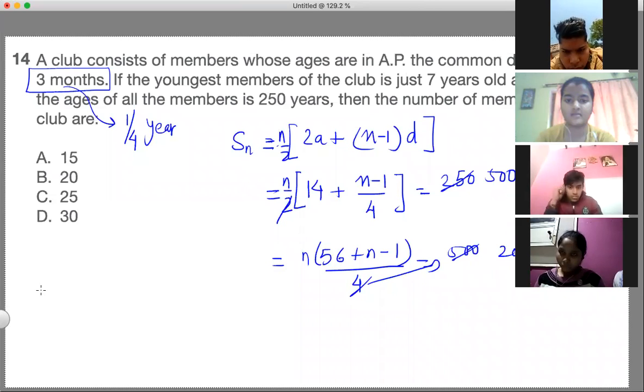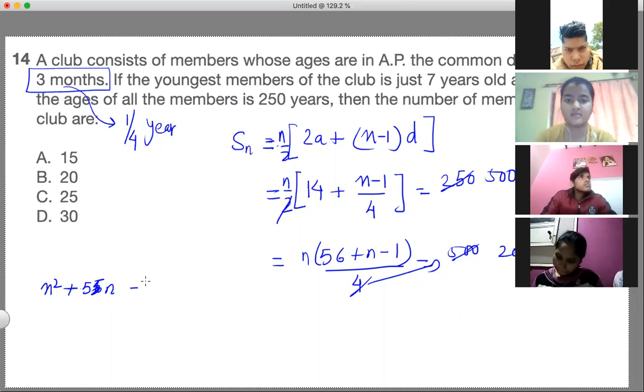Okay, so this will be n square plus 55n, sorry, 56... n square plus 55n minus 2000 is equal to 0.